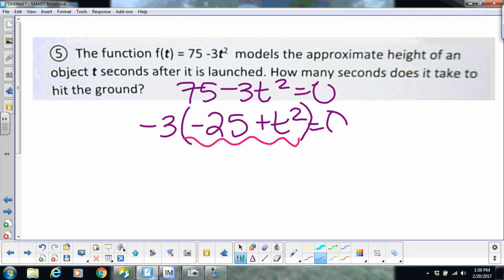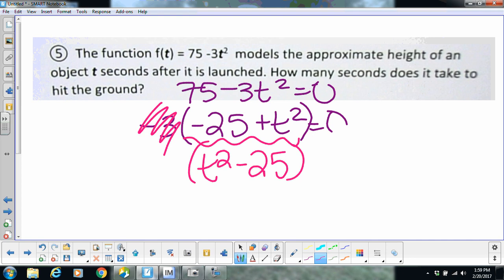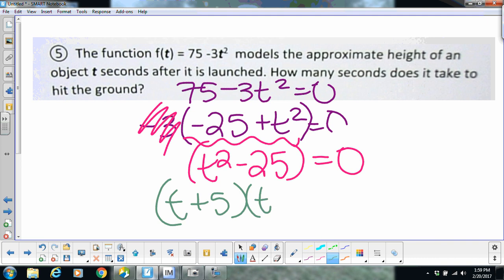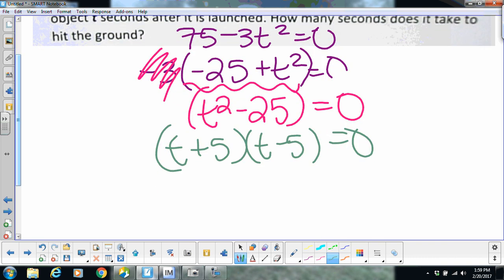It does not matter. You could leave it that way, but I'm just going to rewrite it so that you can see, and remember the negative 3 is irrelevant, the difference of squares here. So that's going to give me t plus 5, t minus 5, making my two answers negative 5 and positive 5, and again we have to choose the positive one.